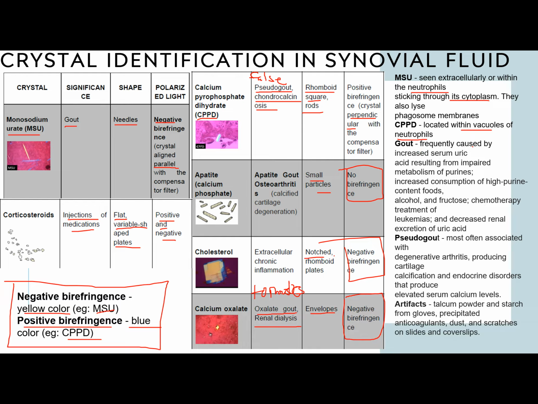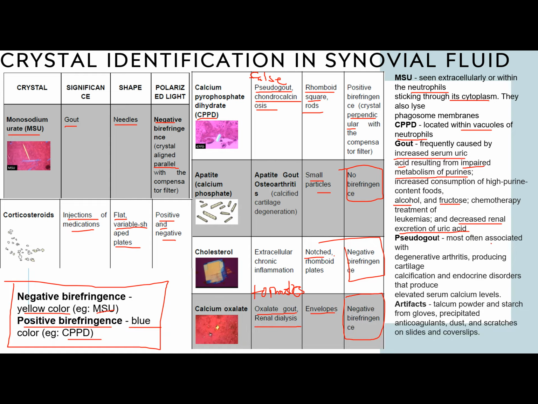Then gout, class, is frequently caused by increased serum uric acid resulting from impaired metabolism of purines. So whenever you eat too much meat or too much food containing high amounts of purine, you could develop this disorder. Usually from consumption of purine-rich foods, alcohol, and fructose. Then chemotherapy treatment of leukemias and decreased renal excretion of uric acid.